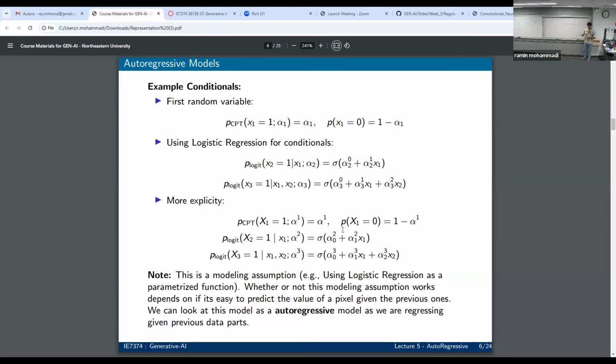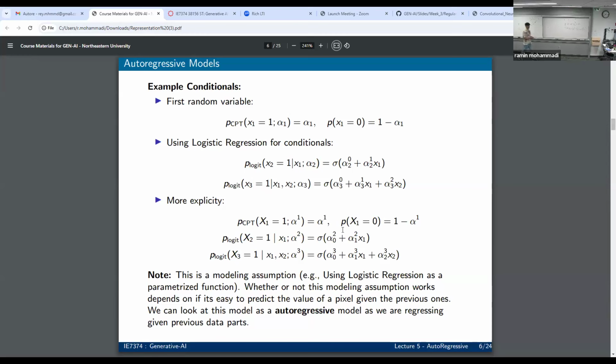So if we calculate the probability of x3 given x2, x1, alpha 3, that becomes a sigmoid over W30 plus W31 x1 plus W32 x2. So for predicting every pixel, you have a separate logistic regression with different weights.